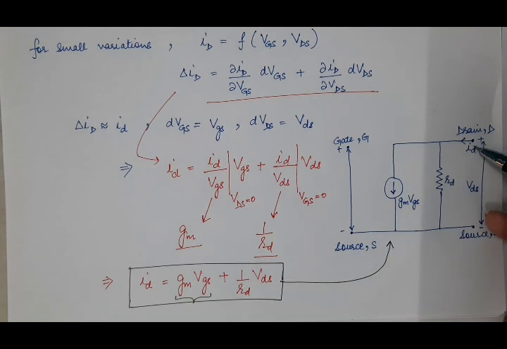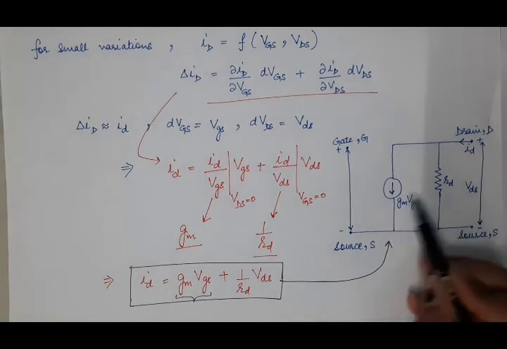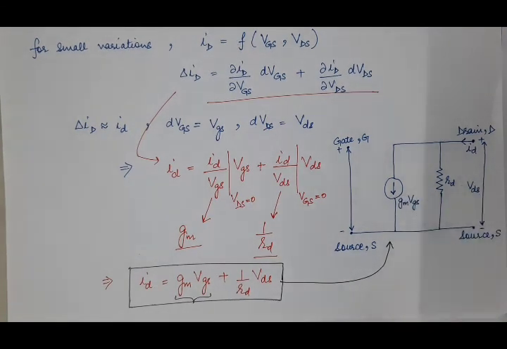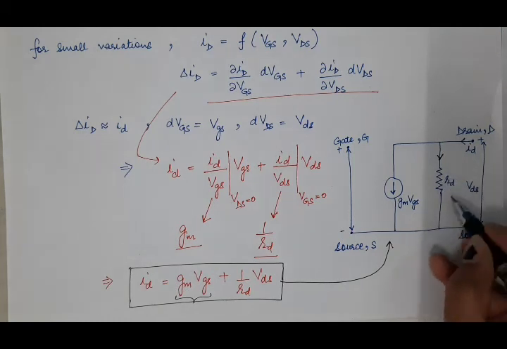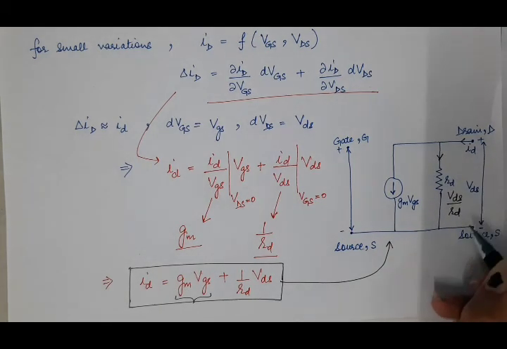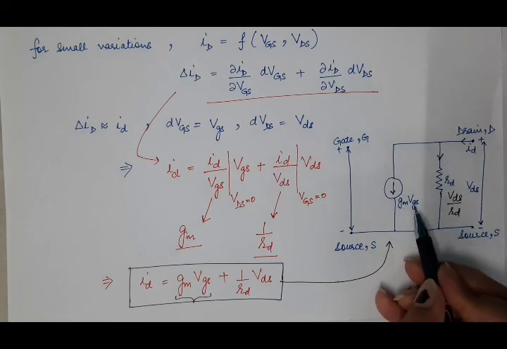And this drain current id is the sum of the currents through these two. Here the current will be vds by rd, and here the current will be gm into vgs, which is a current source.